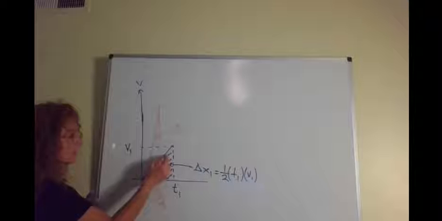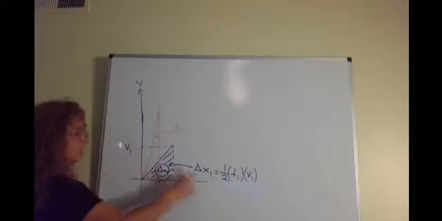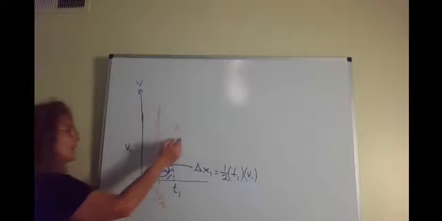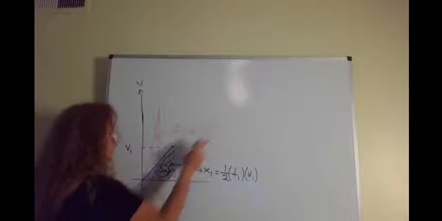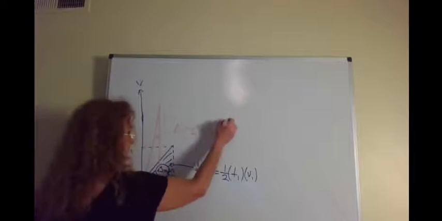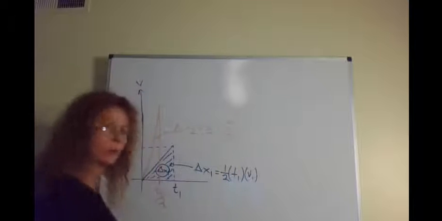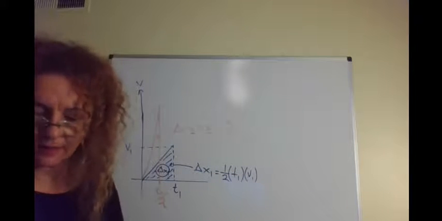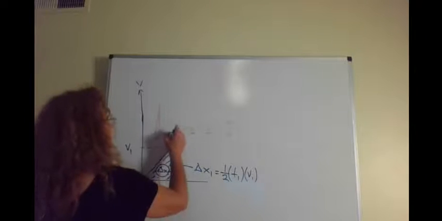So this area is half base times height. This area, which will be the same, should be half its own base, T1 over 2. I hope you can see the orange. Yeah, that's not good. Let's try blue. Blue.